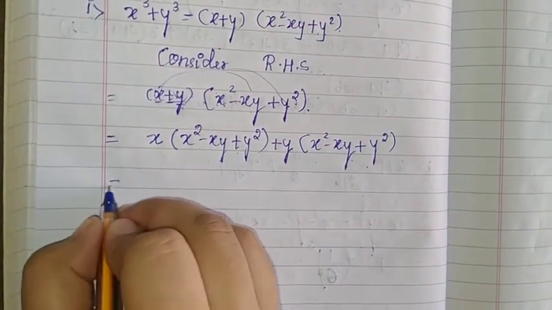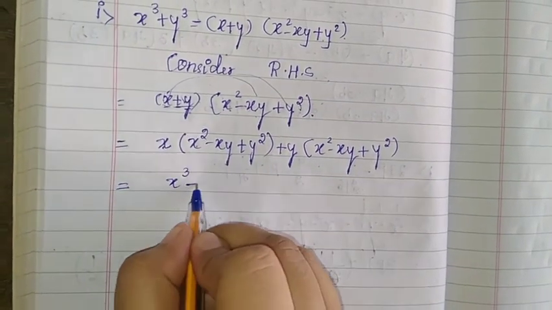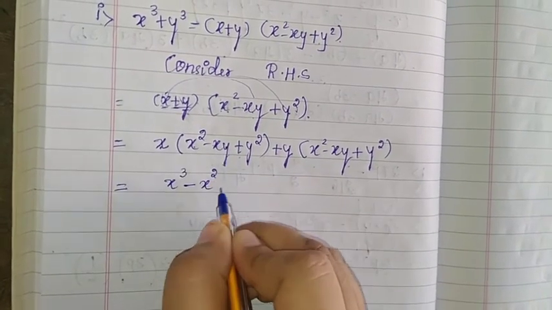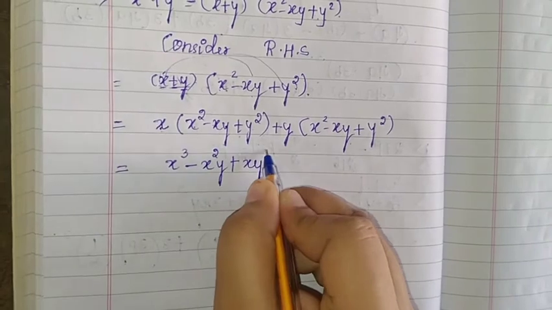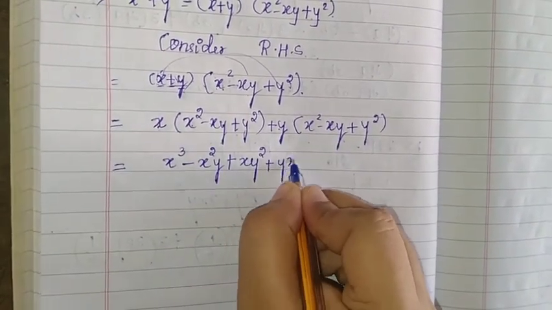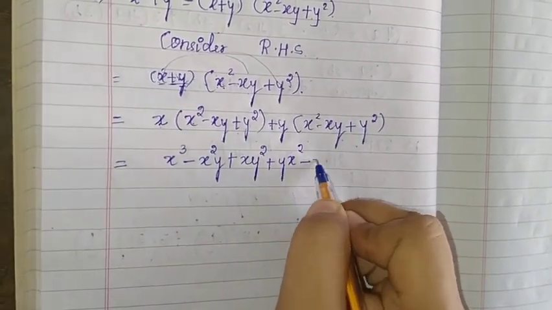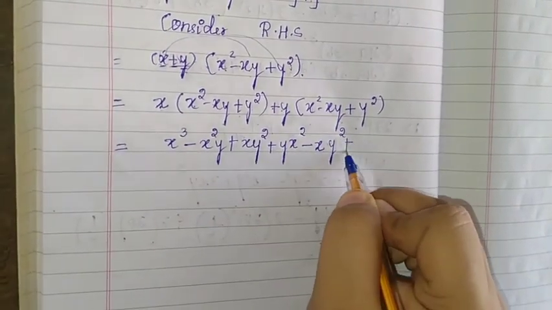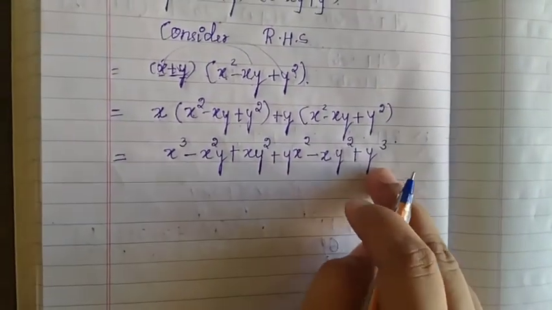So this will be equal to x into x square, which is nothing but x cube, minus, so here x into x is x square, y as it is, plus x into y square is nothing but xy square, plus y into x square is nothing but yx square. So plus into minus is minus, x as it is, y into y is y square, plus y cube. Okay, so y into y square is nothing but y cube.